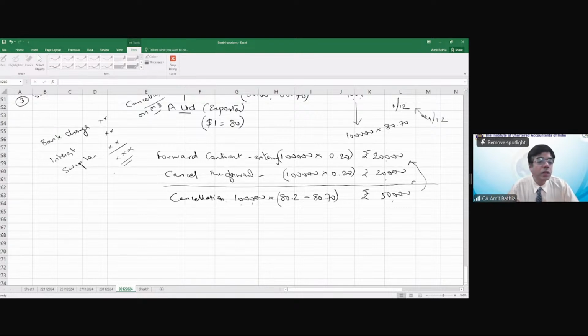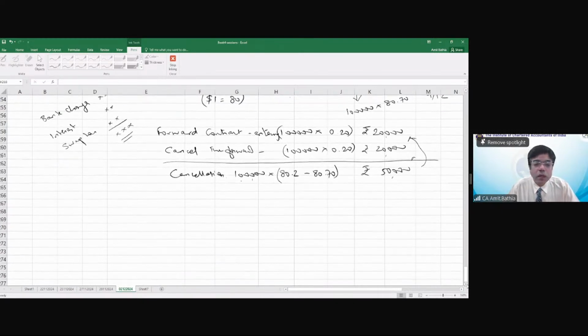The difference in valuation part. And then since the bank is paying earlier, it will also charge you some amount as interest, right?